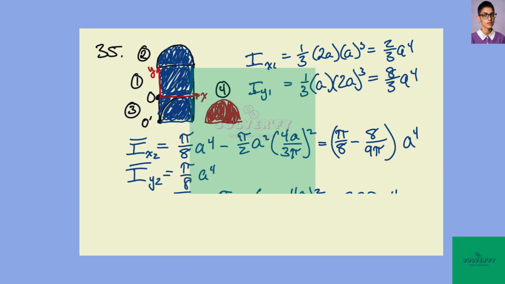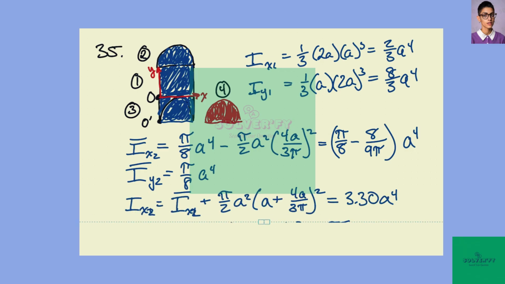This one, again, we can figure out about its centroid, which is here, and it's given in the book because this axis passes through the centroid, and that is just pi over 8 a to the 4th. So we want to find the area moment about this point.